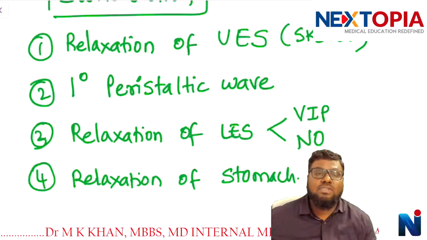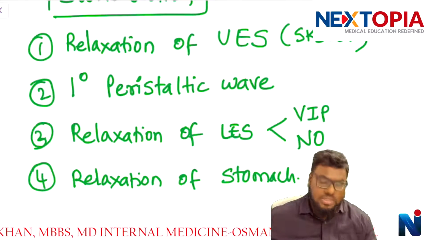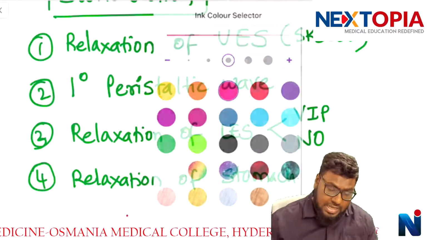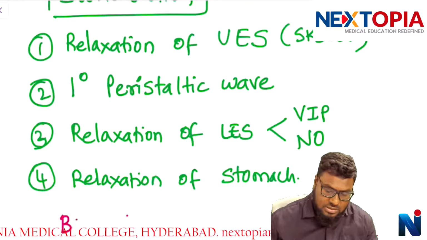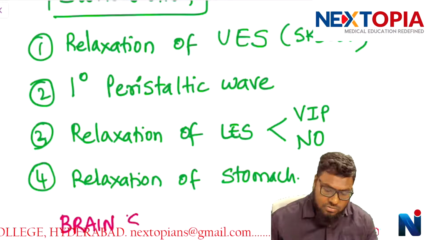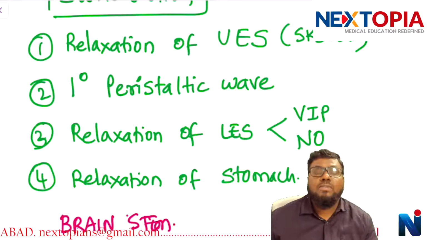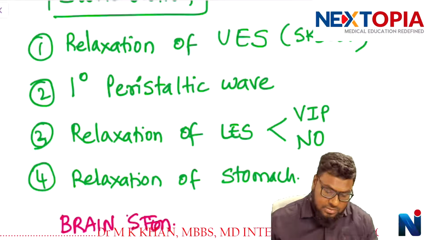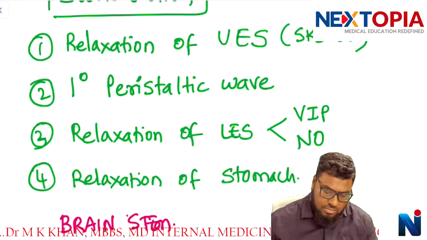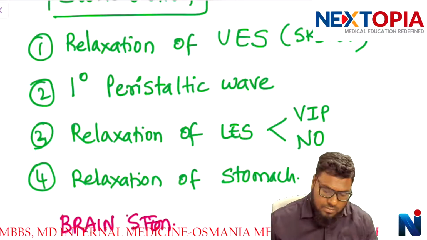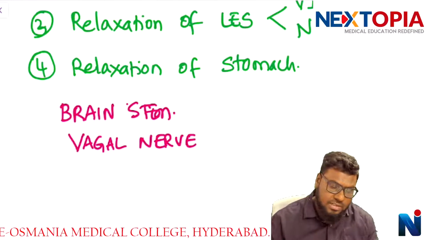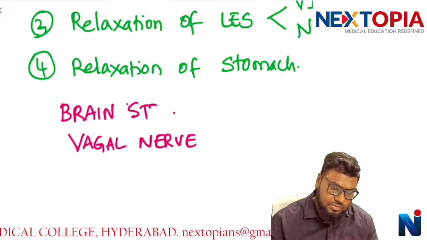And how is the swallowing reflex controlled? The swallowing reflex is controlled by the brain stem. Please remember this fact. The brain stem controls the swallowing reflex. The afferent is via the brainstem and the efferent is via the vagus.